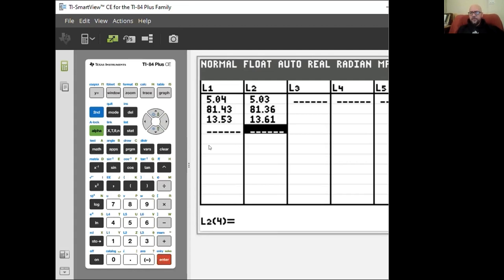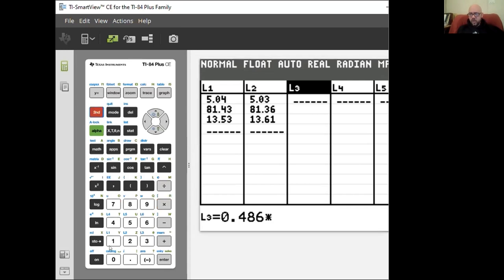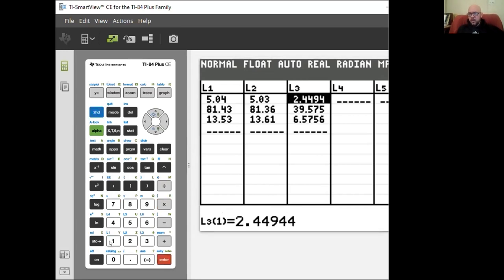So I'm going to show you a cool thing you can do. In the header here, I'm going to do 48.6%, so 0.486 times L1. Second function of 1, give me that. And these are the percentages that go at the bottom of my tree.